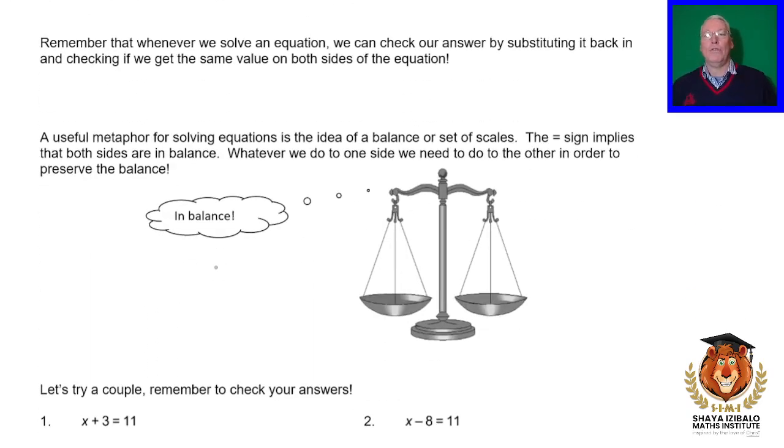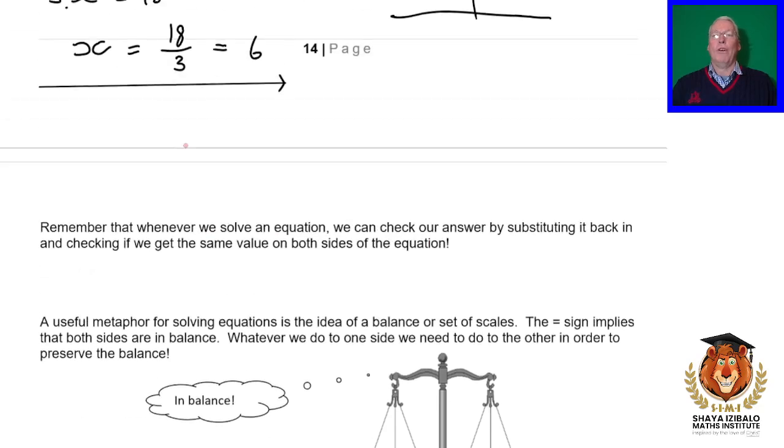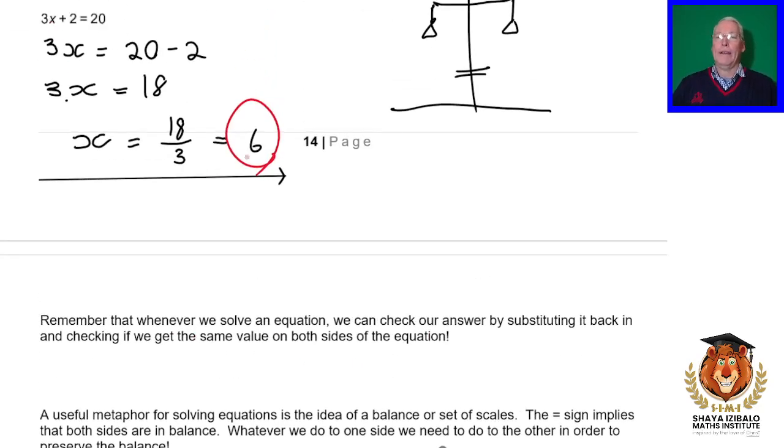We are going to use the scale idea, but before we do that, there's something we want to emphasize. Once we've got our answer, we can always check whether our answer works. In other words, if we put our answer back into the equation, putting 6 instead of x, do we get 20?